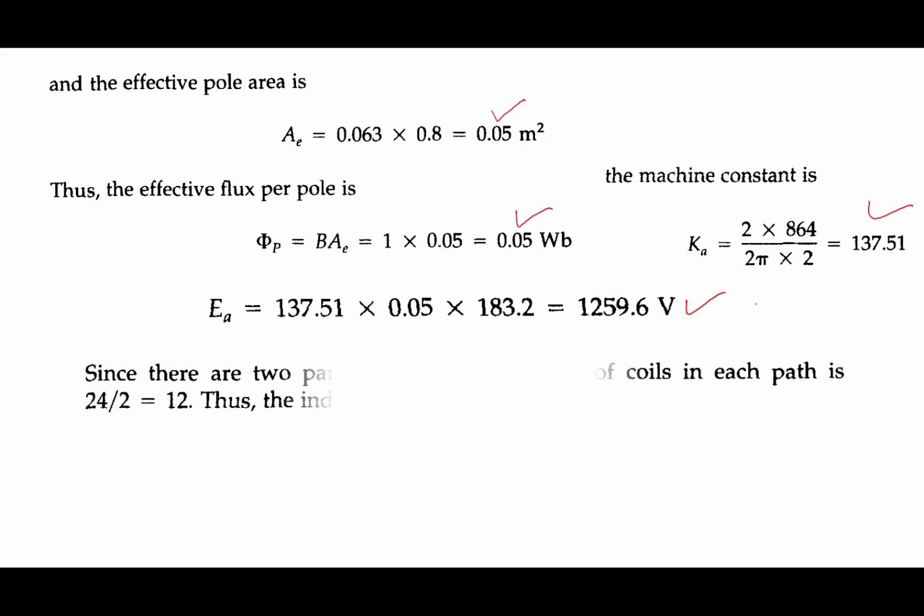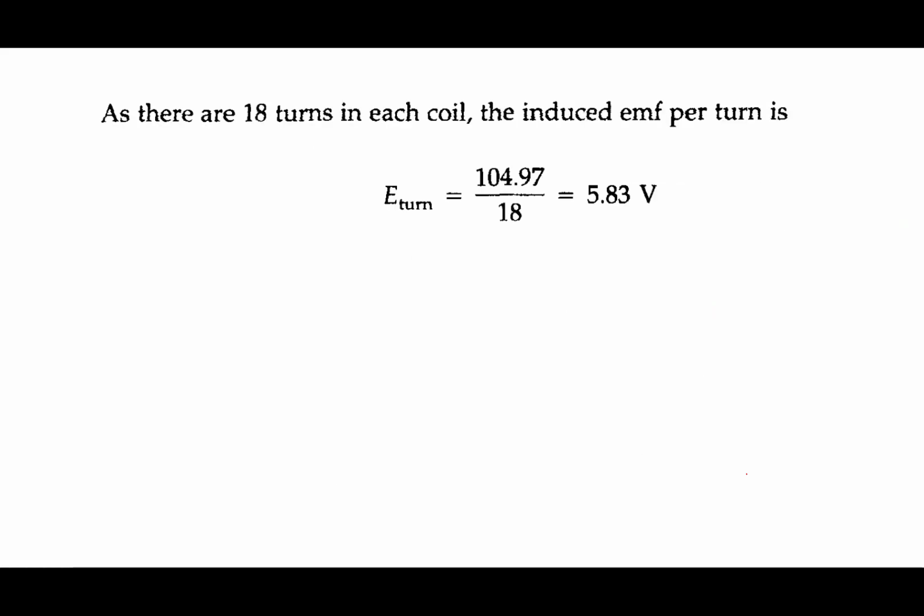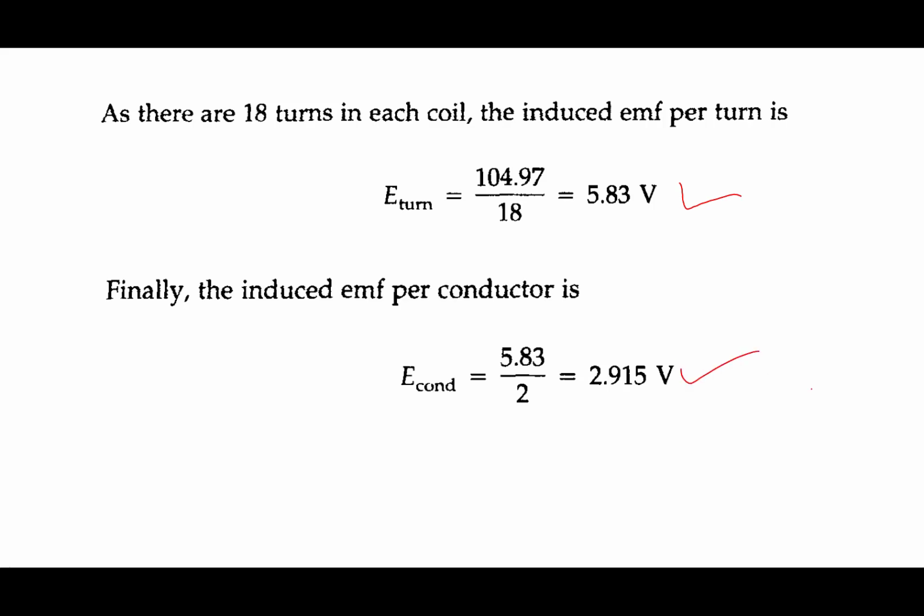Then E coil is also correct, right? Then E turn is also correct. EZ is also correct. So I hope everybody understood this problem. This is a very simple, straightforward problem.